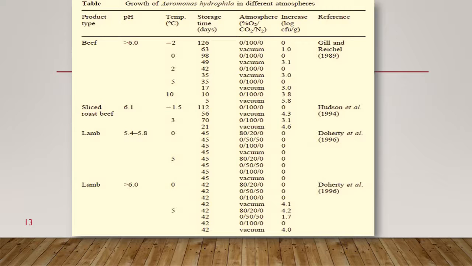Sliced roast beef minus 1.5 degrees centigrade and 3 degrees centigrade, and their storage times are also shown in the table, and atmospheric conditions, with their percentages of oxygen, carbon dioxide and nitrogen, and the increase in log phase CFU per gram is also shown in the table. We can see from the table the growth of Aeromonas hydrophila in different atmospheric conditions.